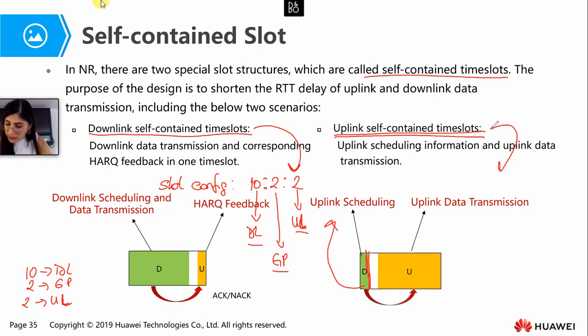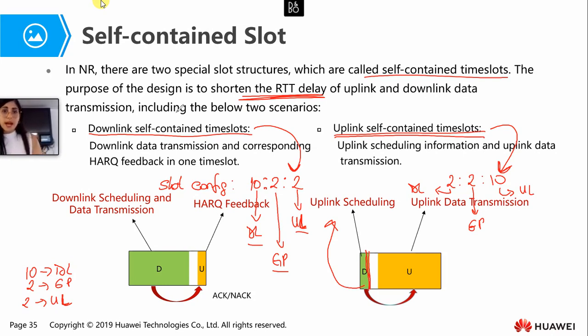If you have an uplink self-contained time slot, the slot configuration, for example, can be 2.2.10. So 2 symbols for the downlink, 2 symbols for the guard period, and 10 symbols for the uplink. So this is the self-contained slot. Again, more flexibility that allows us to shorten the round-trip time delay for uplink and downlink data transmission.